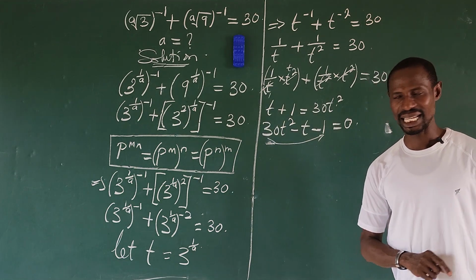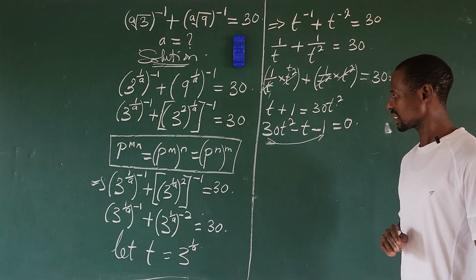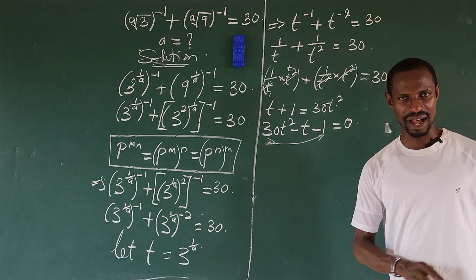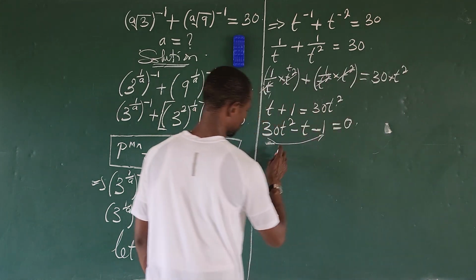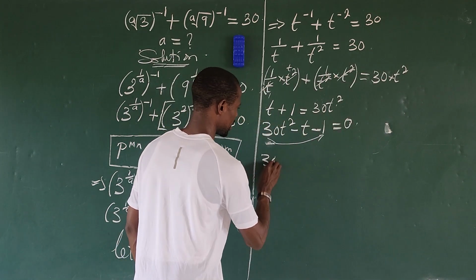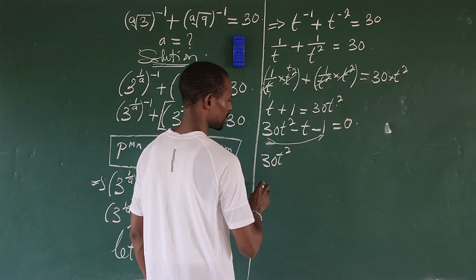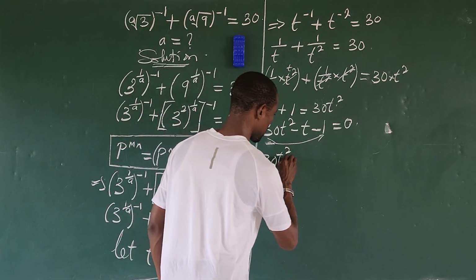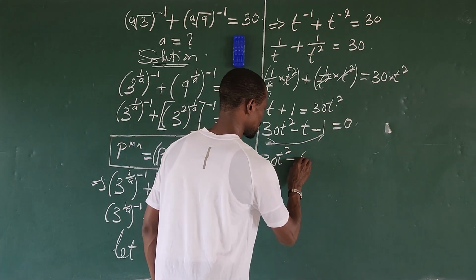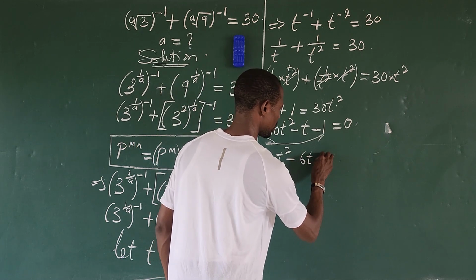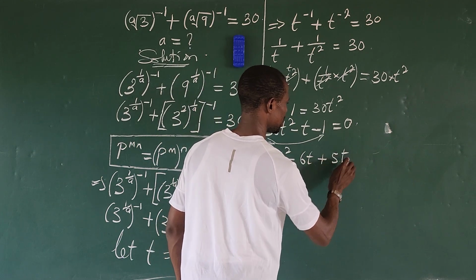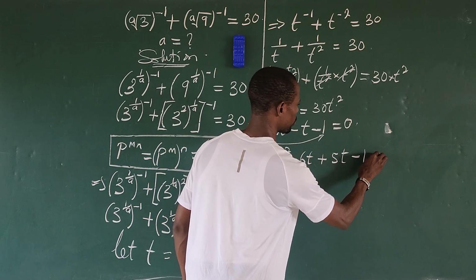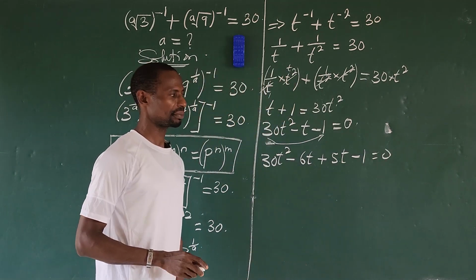But what will be the sign? That will give us minus 6 plus 5. So we can rewrite this expression as 30t to the power of 2, minus 6t plus 5t minus 1 equal to 0.